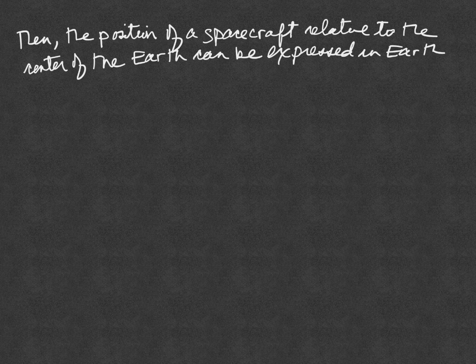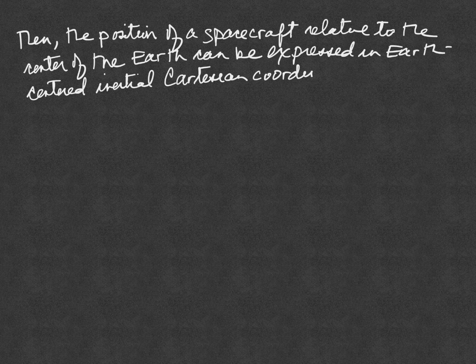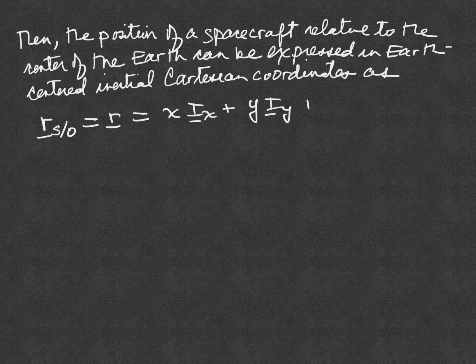And again, remember, these are Earth-centered inertial Cartesian coordinates. We're going to say r of s relative to O, which I'm just going to define as r, is going to be x Ix plus y Iy plus z Iz.